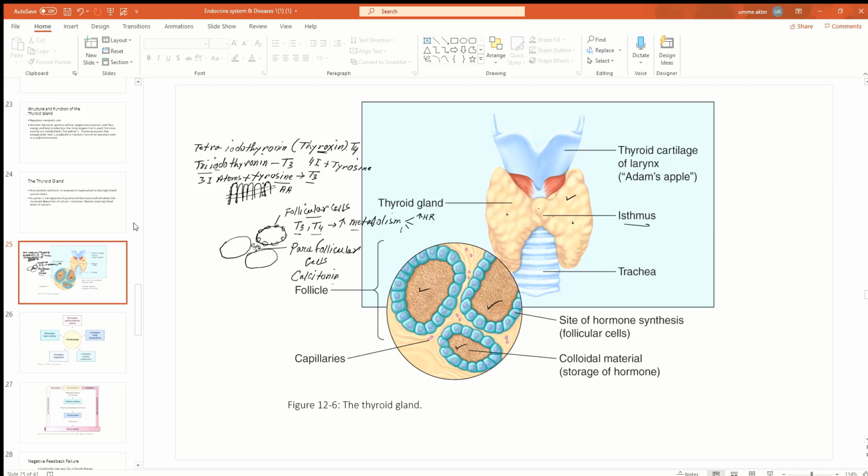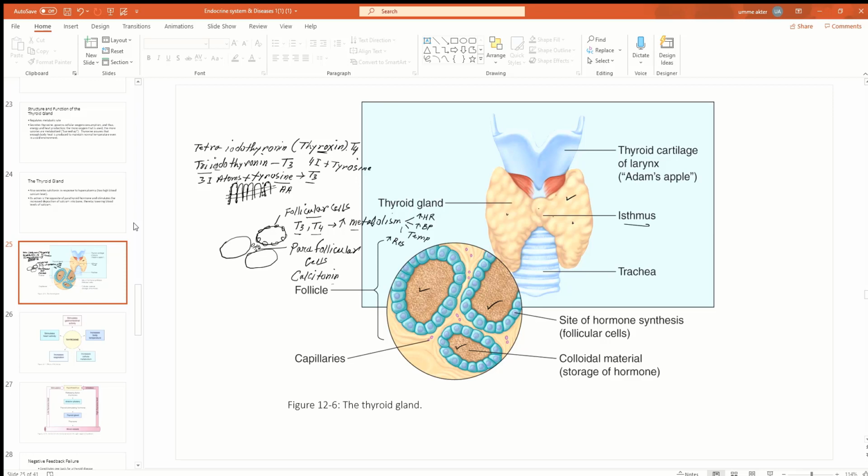Your heart rate will increase. Your blood pressure will increase. Your body temperature will increase, right? Your respiratory rate will increase.